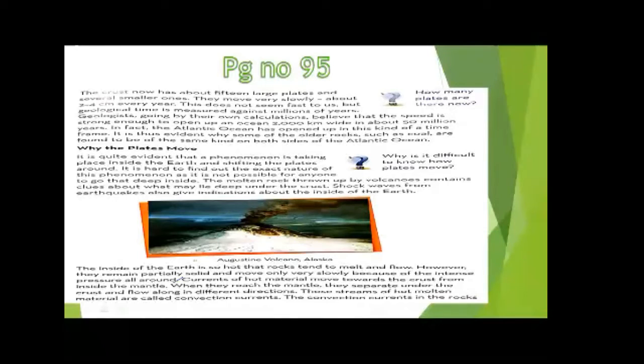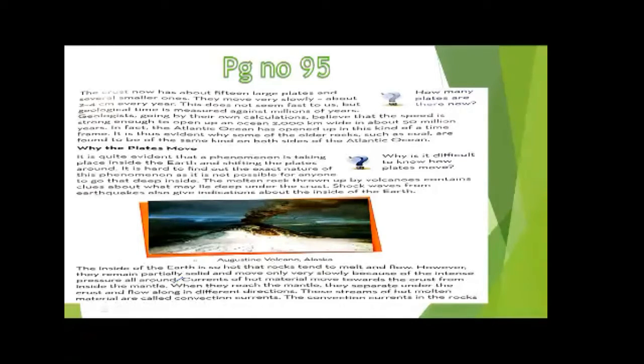So we'll come to our sixth para. The inside of the earth is so hot that rocks tend to melt to float. However, they remain partially solid and move only very slowly because of the intense pressure all around. Currents of hot material move towards the crust from inside the mantle. When they reach the mantle, they separate under the crust and flow along in different directions.